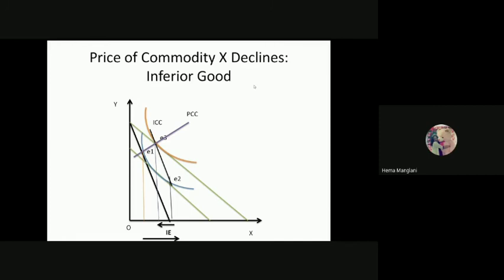The substitution effect is one of the important components in deriving the demand curve. Because your substitution effect is greater than your income effect, your demand curve is a downward sloping curve.